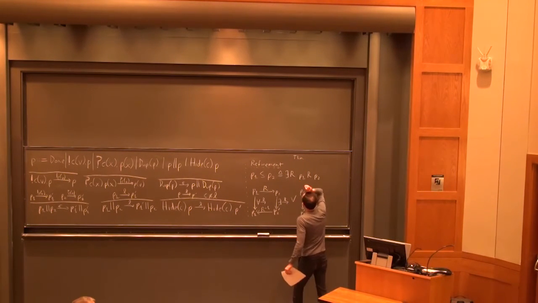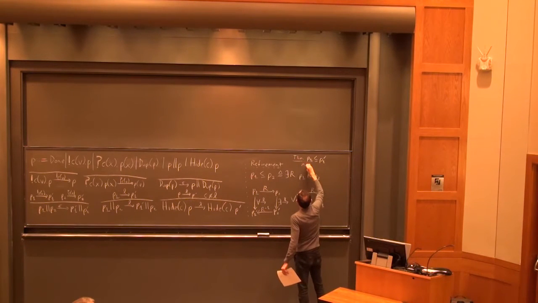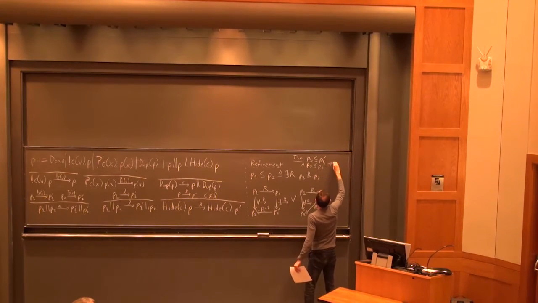Basically, R is a congruence for parallel composition, which means if P1 implements P1 prime and P2 implements P2 prime, then P1 composed with P2 implements P1 prime composed with P2 prime.